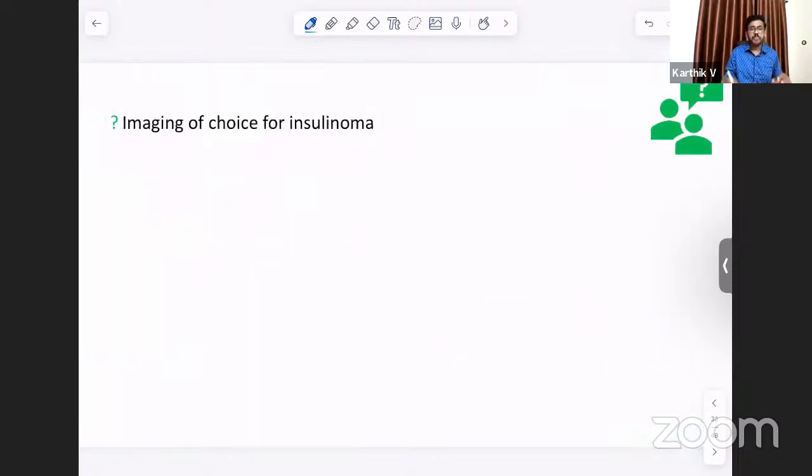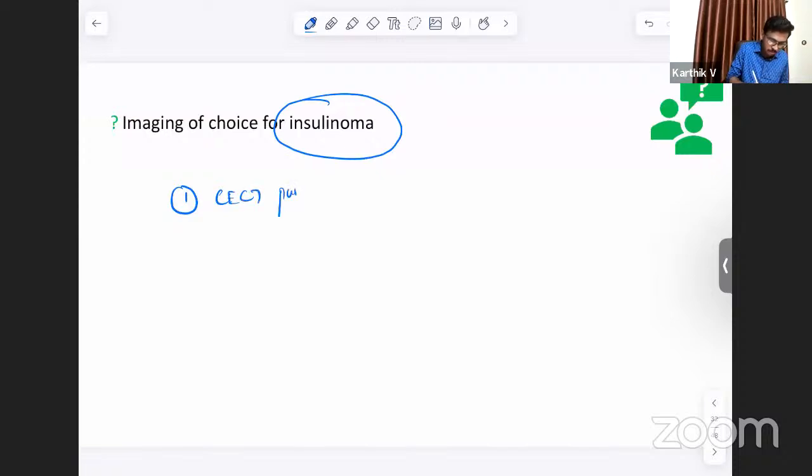Suppose the sulfonylurea screening is coming back negative and the screening for Hirata is also coming back negative, you are left with the possibility of insulinoma. So how can you finalize or identify the possibility of insulinoma? By morphological imaging with CT pancreas or MRI pancreas.